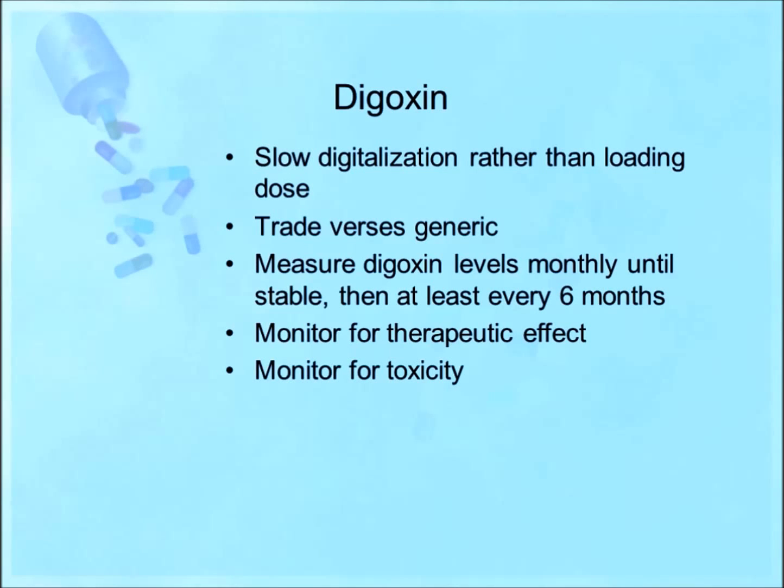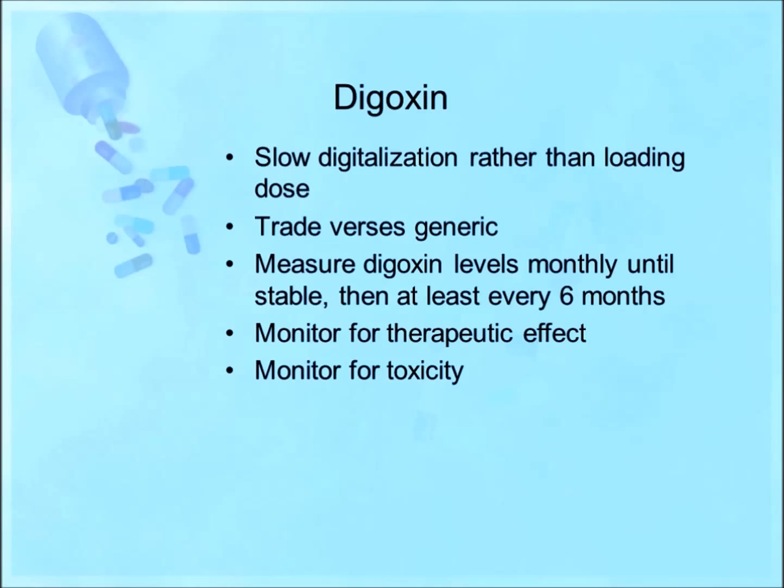How do you monitor for toxicity? You need to be alert to early signs of toxicity and must obtain a serum level. Digoxin levels greater than 2 nanograms per milliliter indicate toxicity, although some patients may become toxic at lower doses.